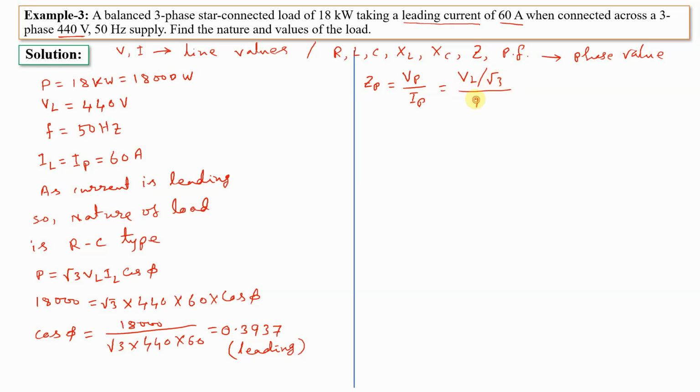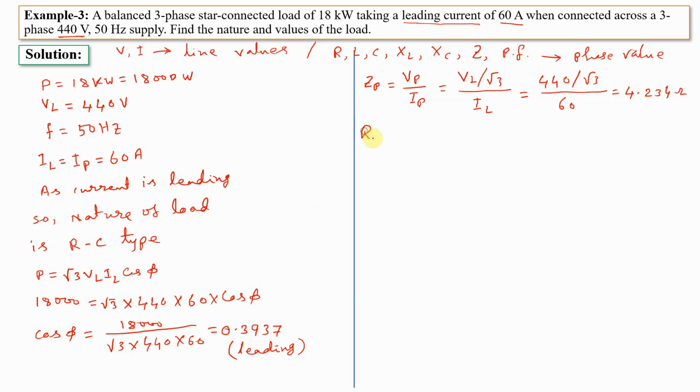And I phase is equal to IL. So here it will be 440 upon root 3 by the current, 60. So it will be 4.234 ohms. That is the impedance per phase of the load.